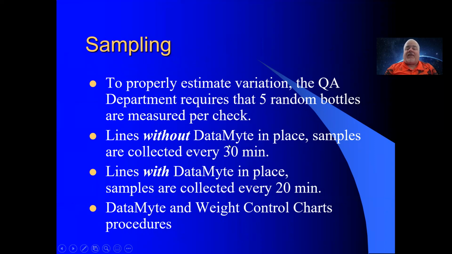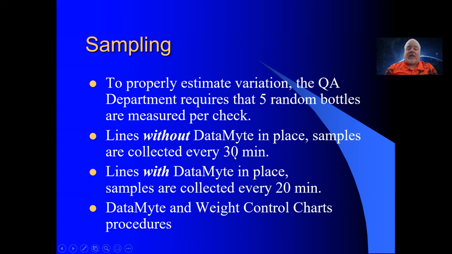Lines that did not have the Datamite, samples were collected every 30 minutes. Lines that did have the Datamite, samples were collected every 20 minutes. Datamite was faster. It's a machine that did the SPC mathematics for you. So it was quicker, and so we could do these faster. But Datamite's not cheap.